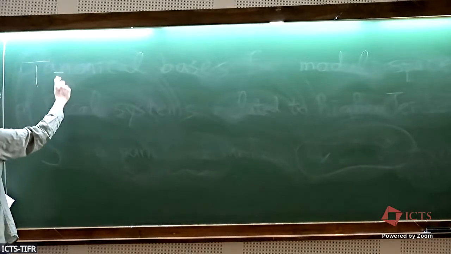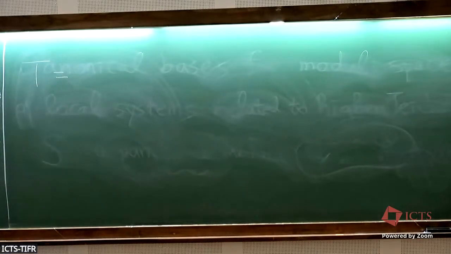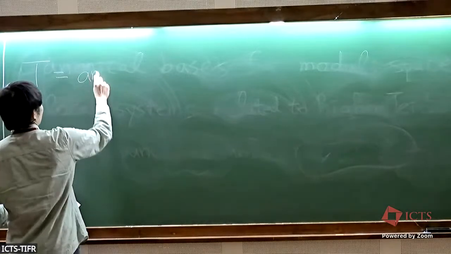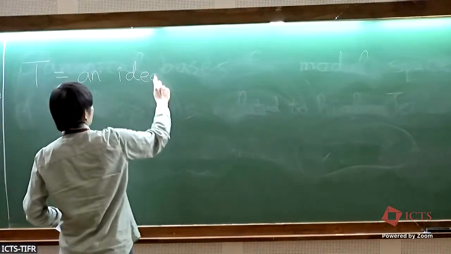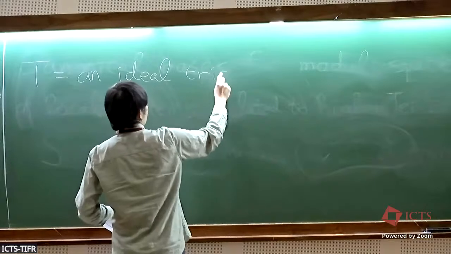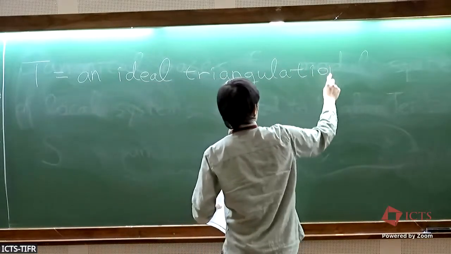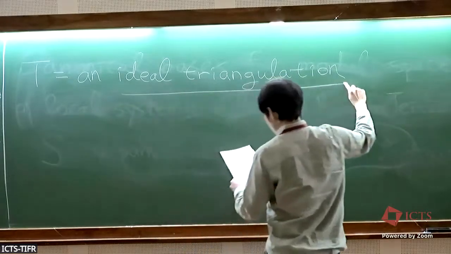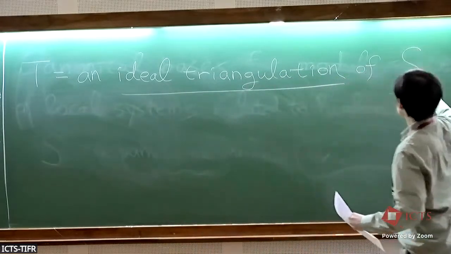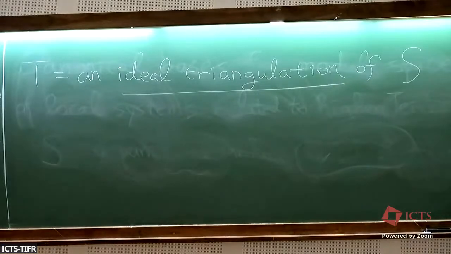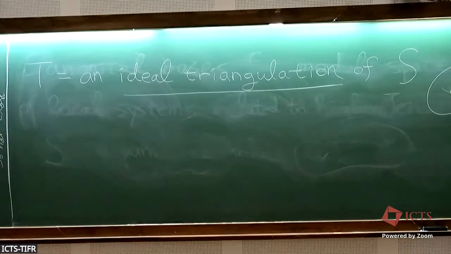And for that, I first need to choose what is called an ideal triangulation of the surface. Name it as T, an ideal triangulation of S. So instead of trying to write down the precise mathematical definition, let me just draw it in a picture.